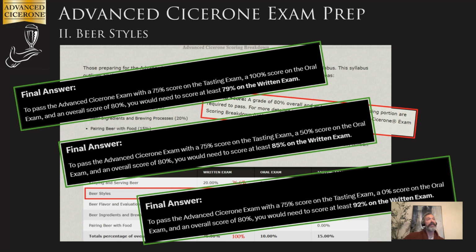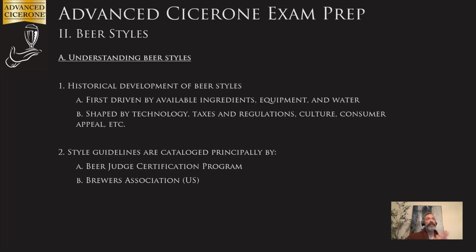So let's proceed down the rabbit hole. Let's go into the syllabus here. What have I seen? It starts off with some of the stuff that's also on the level 2. You have section A, understanding beer styles. You have to have some knowledge on the historical development of beer styles.